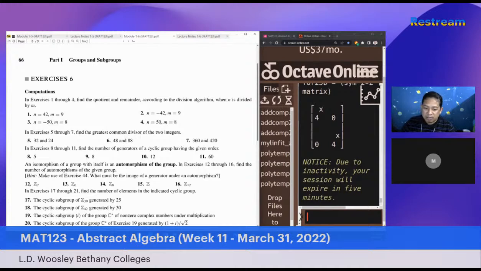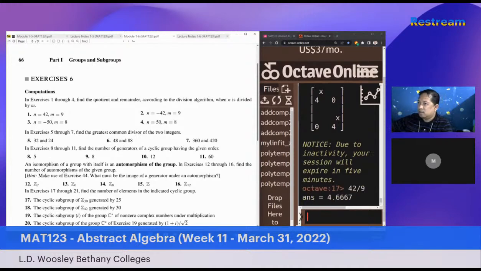Michaela, I hope you could react there, both audio and text. So 42 and 9, you just simply divide and get the remainder. So we have 42 is equal to 9 times 4, which is 36, plus 6. So the remainder is 6. The quotient is 4, and then r is 6.